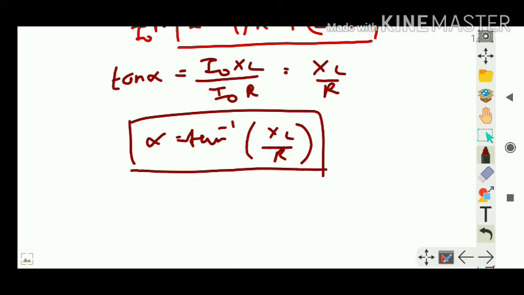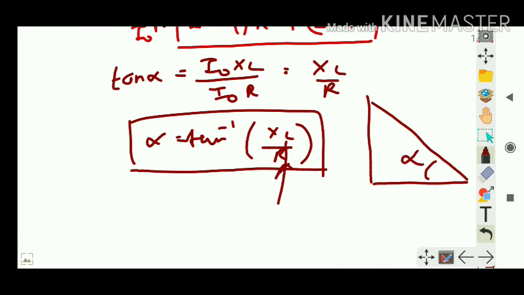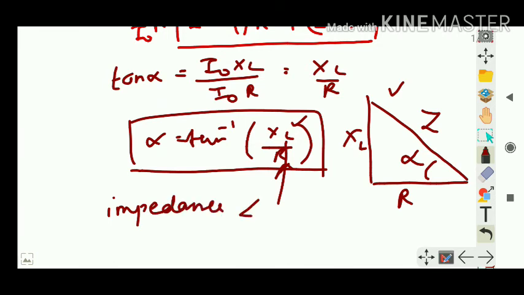So remember this equation, I can even draw it as a triangle like this. This is alpha, this is XL. Opposite side by base. So this is root of XL square plus R squared, or I can write it as just Z. This triangle which I just drew is known as the impedance triangle.